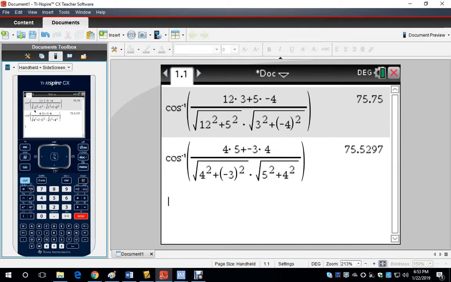That gives me something very close to what we had before, 75.5 degrees.